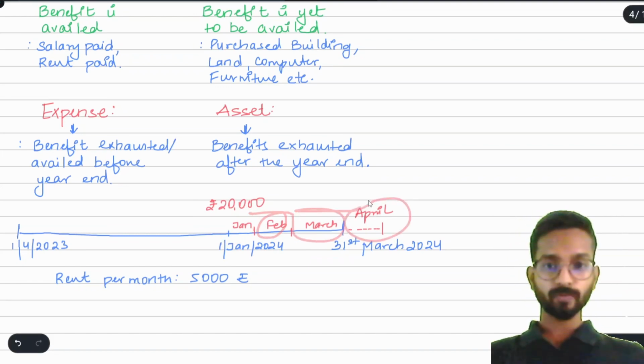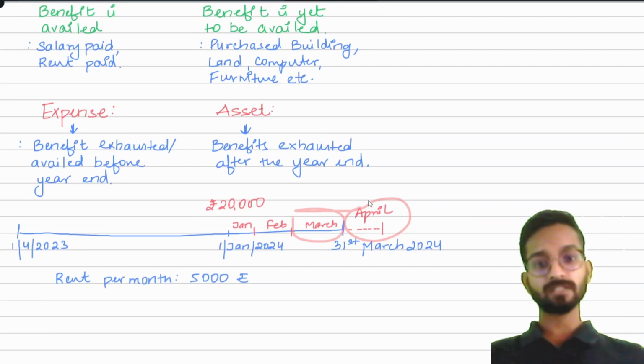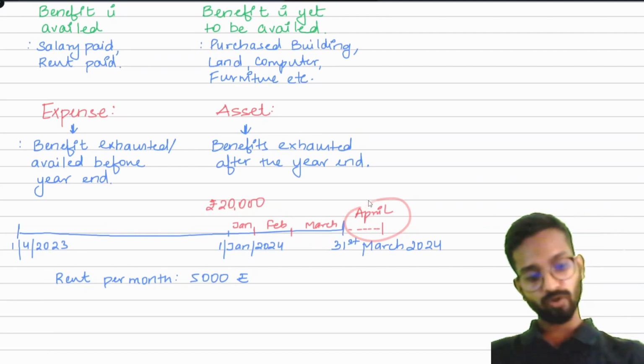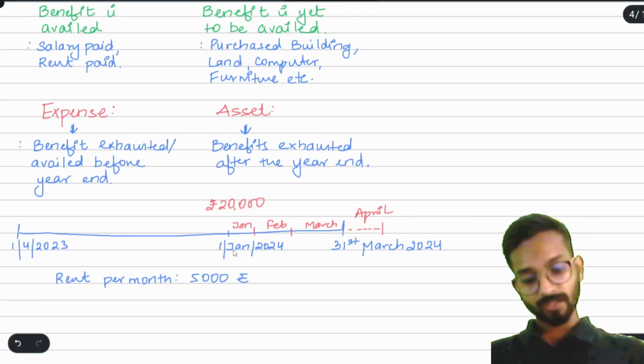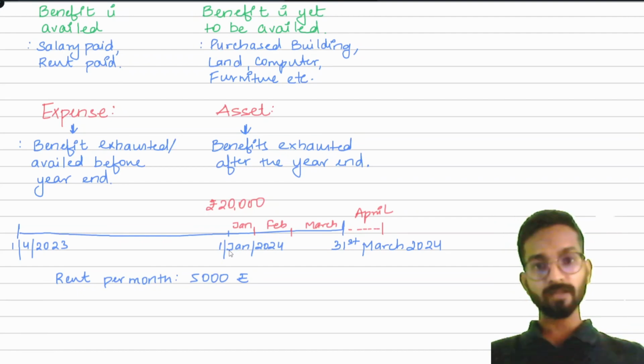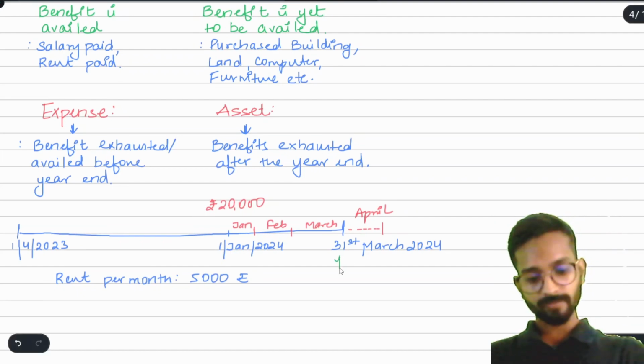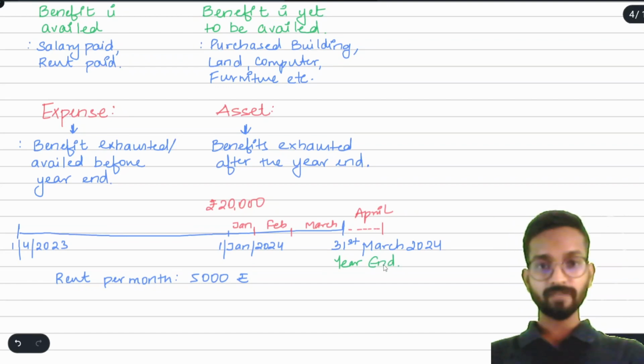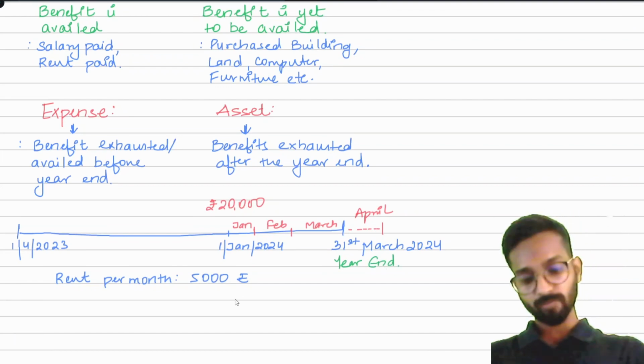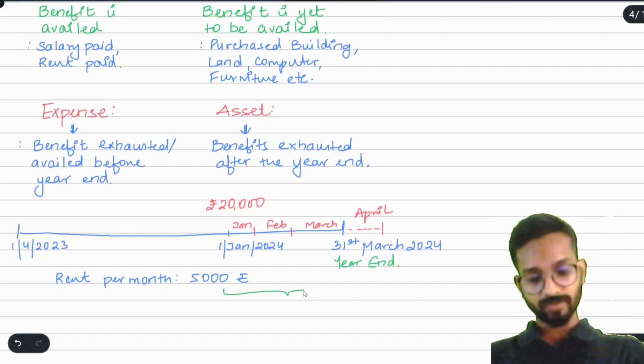Now if I ask you how much is the expense and how much is the asset, how will we calculate this? Look very carefully. How much benefit has been availed before the year end? This is my year end. If I ask you how much benefit we have availed before year end, how much will be the answer? From the 1st January to 31st March, 5,000 rupees for the 3 months.